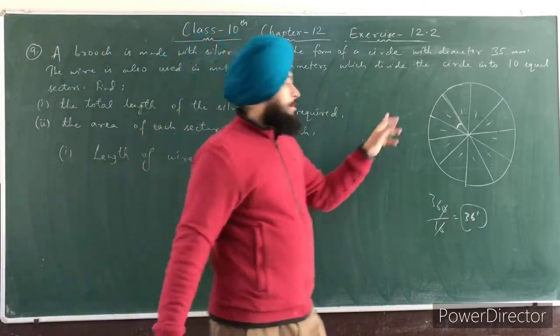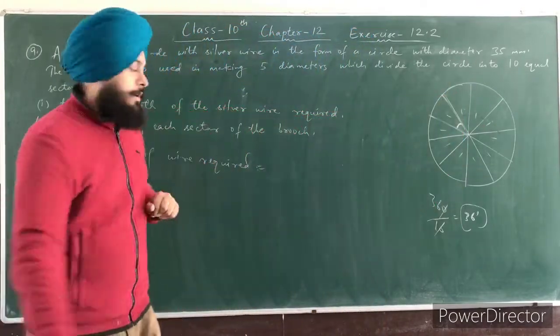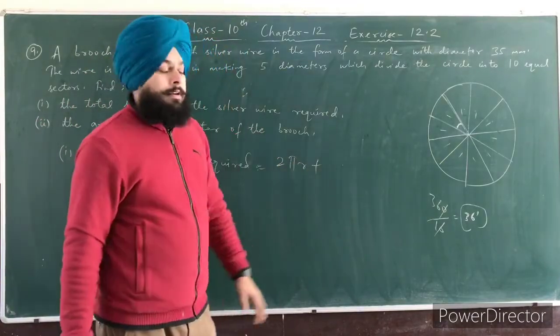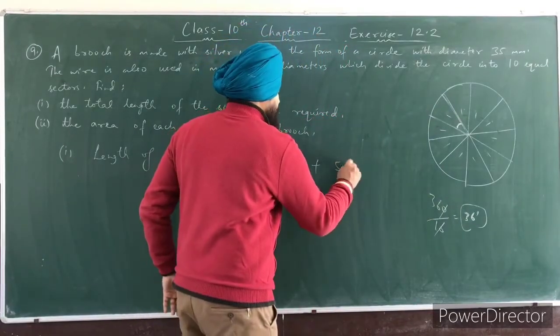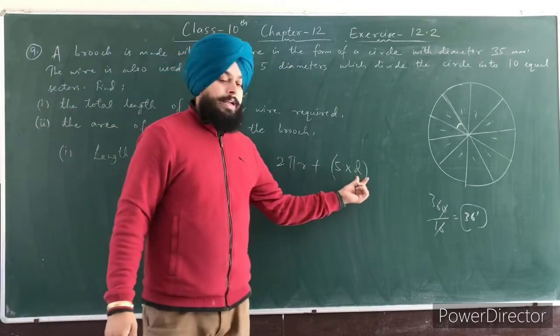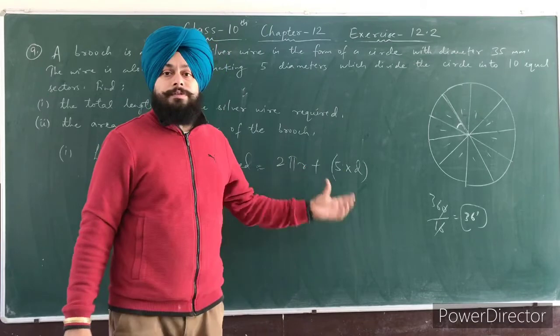The wire is used in making a complete circle, so we have to find the circumference of the circle. Circumference of a circle is 2 pi r, and it is used in making 5 diameters. So you have to find 5 into d, that is, 5 times diameter. 5 diameter plus 2 pi r, which is the circumference of the circle.